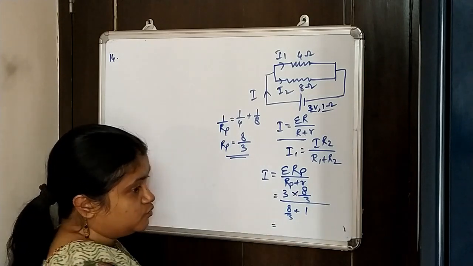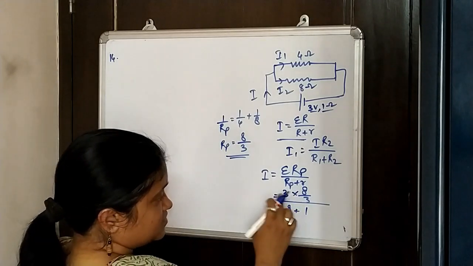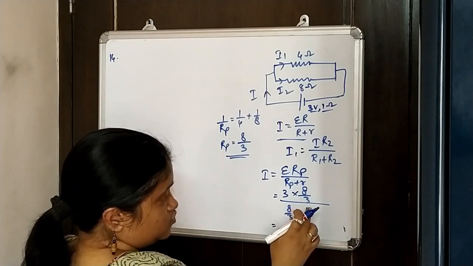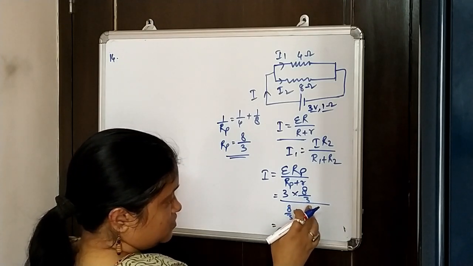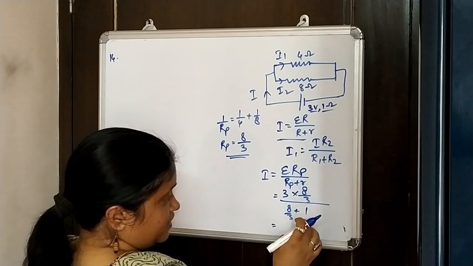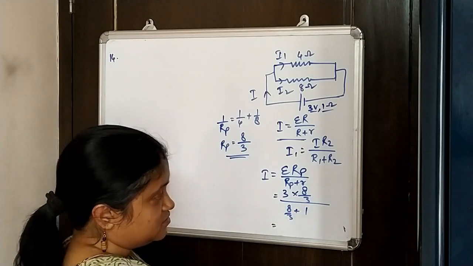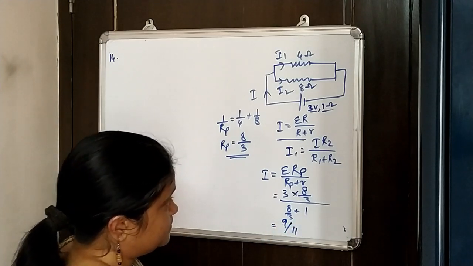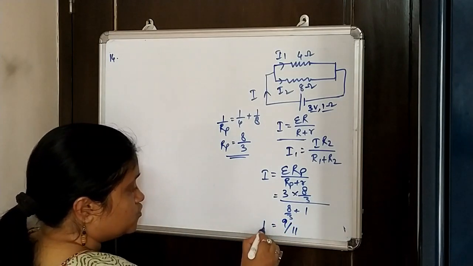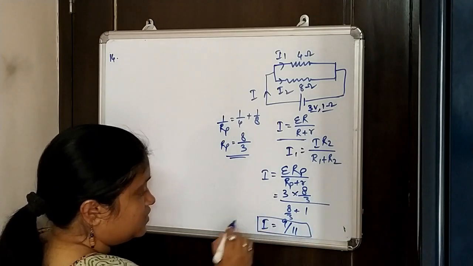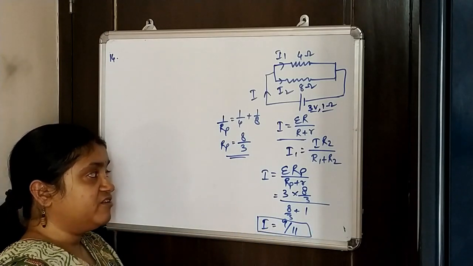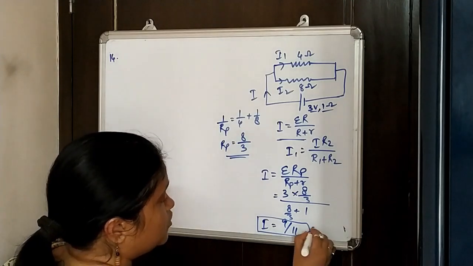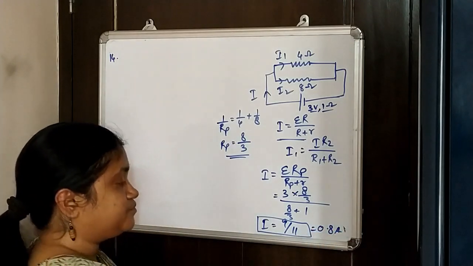Once you do this calculation, 3 gets cancelled, this is 8 by 3 plus 3 by 3, so this will become 11 by 3, again this 3 would get cancelled, and finally you will get 9 by 11. Okay, so the current I is 9 by 11 ampere. You can convert it into decimal also, around 0.8 ampere.